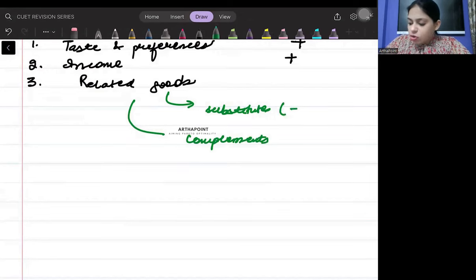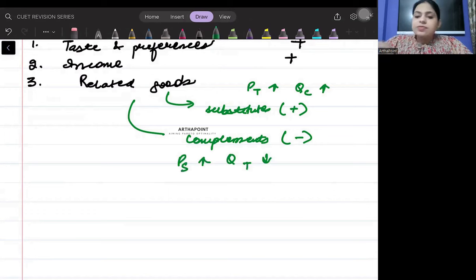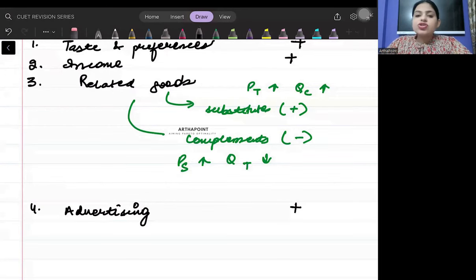Substitute good के साथ we have positive relationship. तो price of tea बढ़ेगा तो demand of coffee बढ़ेगी. And complements के साथ we have negative relation. Price of sugar बढ़ेगा तो demand of tea घटेगी. Right? Then we have advertising. With advertising, we have positive relationship.